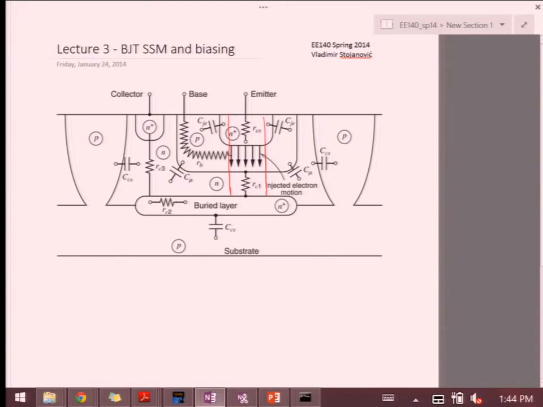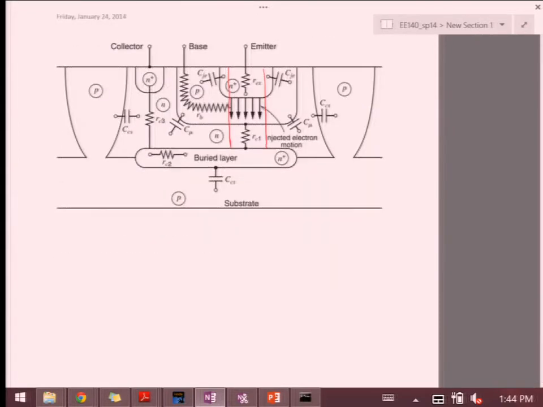All the things we've been talking about are for the main current flow, between emitter, base, and collector. Fortunately, in real life, there's all this other junk around it, and some of it really affects you a lot. Some of these things you won't see at DC.